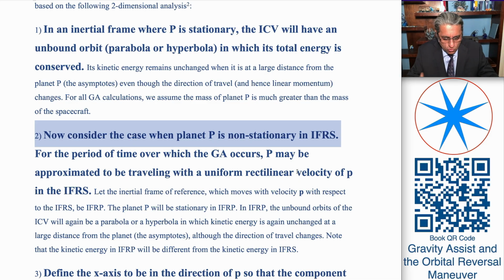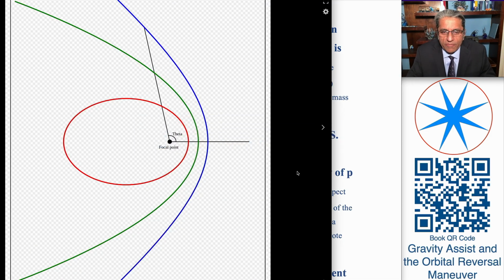So what are you going to use for gravity assist?